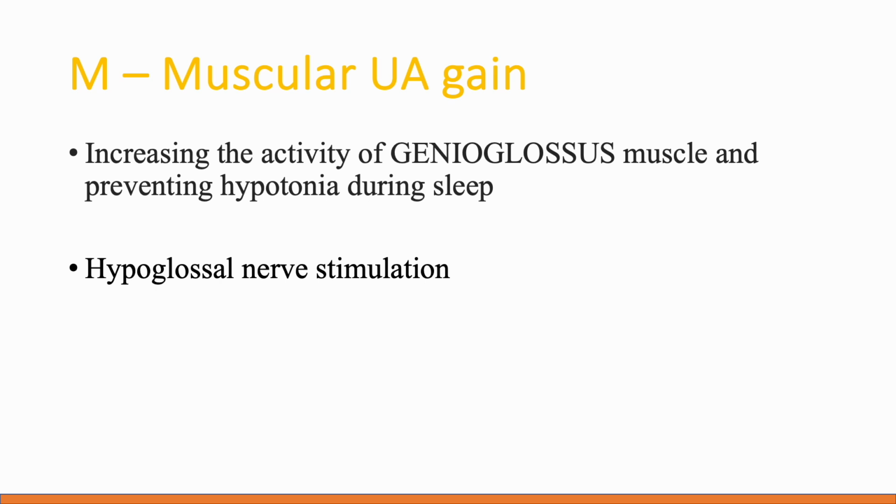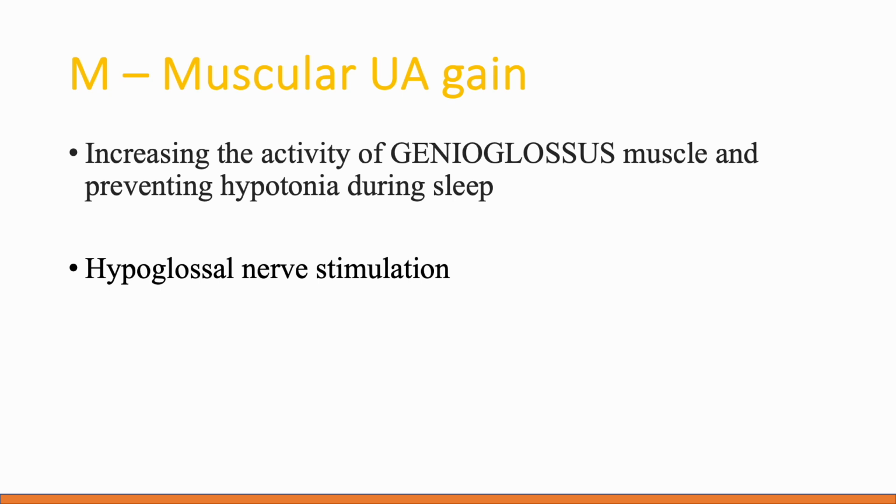There's also tensor veli palatini and levator veli palatini. But of all of this, the muscle at the base of the tongue, the genioglossus, is the main dilator of the upper airway. So it has a very important function, which is to keep the tongue protruded and depressed so that it doesn't block the upper airway.